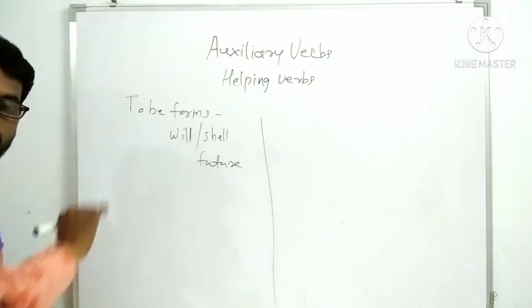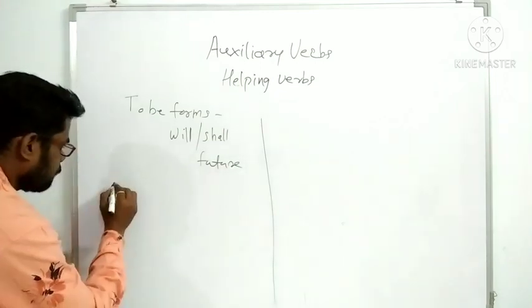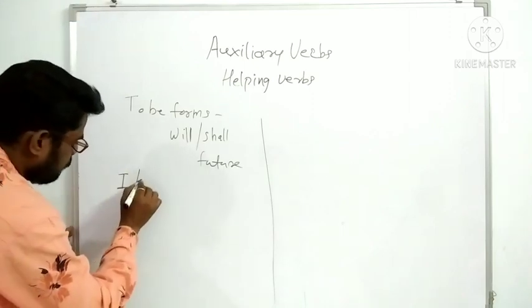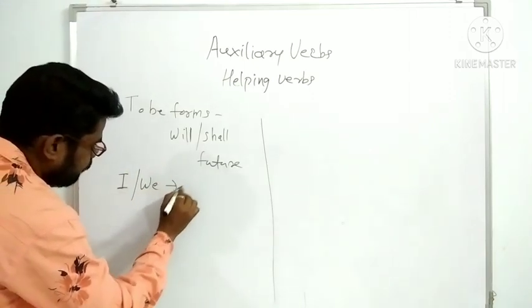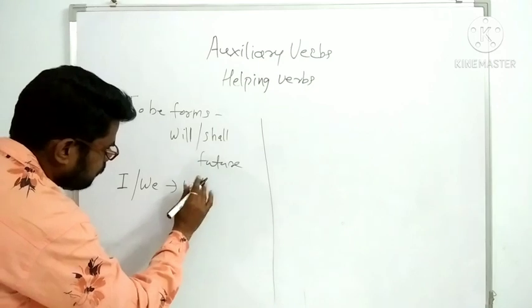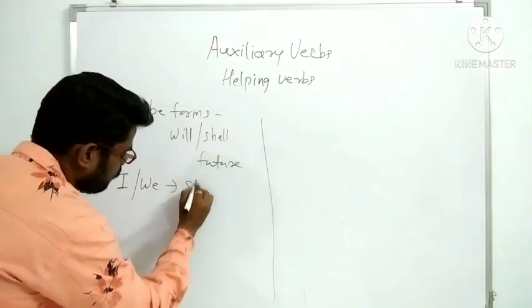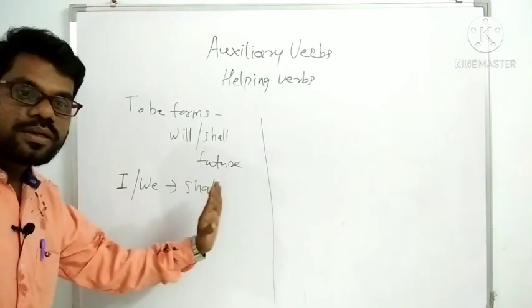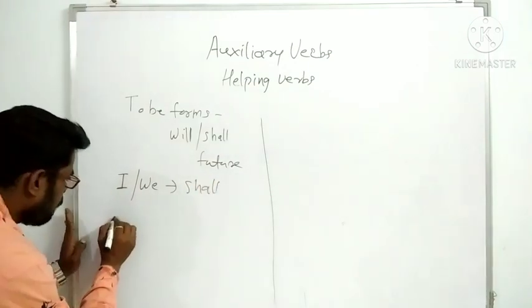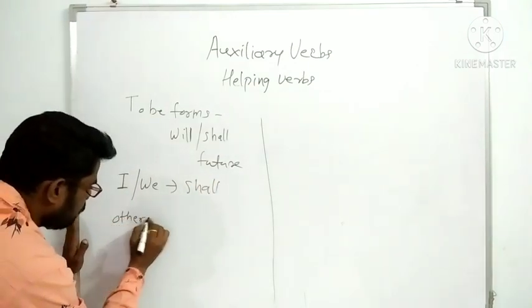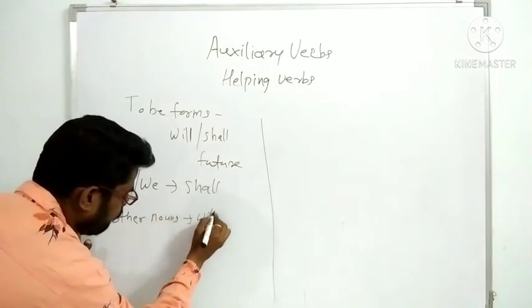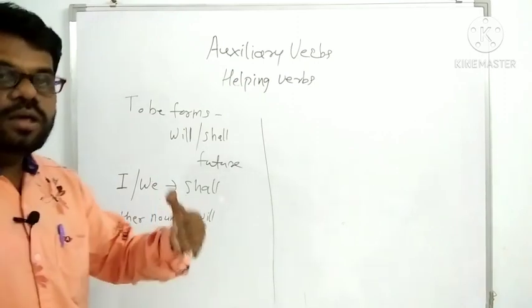So see, when we use will, see, I, we, then we use here shall. After I and we we use shall, and after other subjects, other nouns, we use will, whether they are singular or plural.